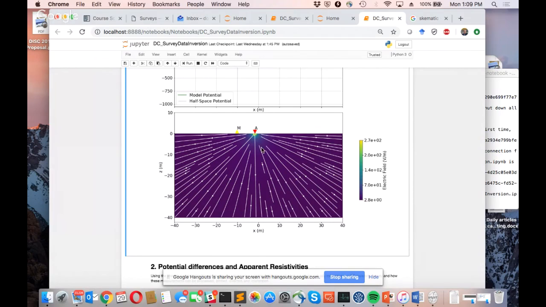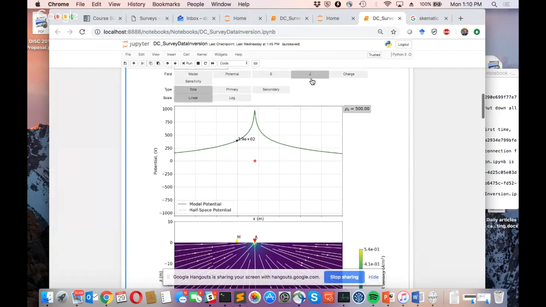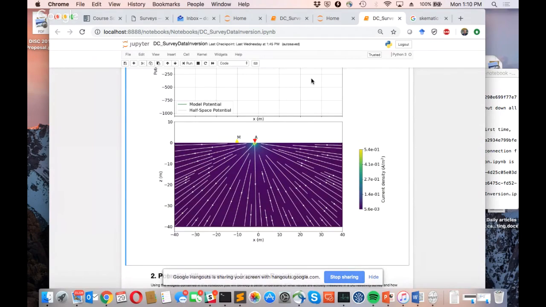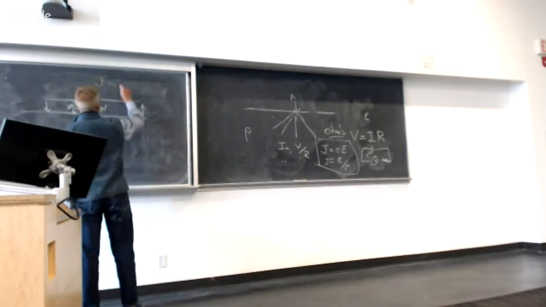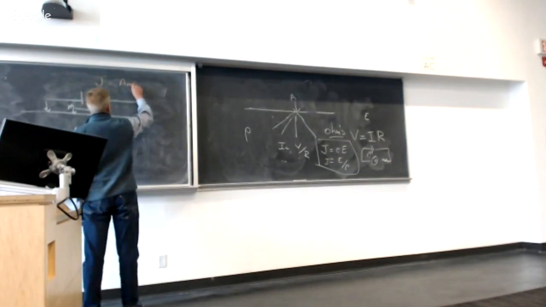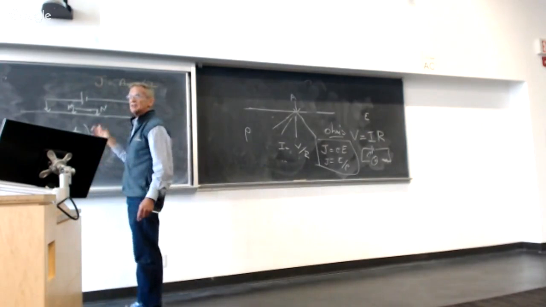So if I now plot the currents, have they changed direction? Yeah. How does J relate to I? J is current density, so it's amps per meter squared. I is the total current.